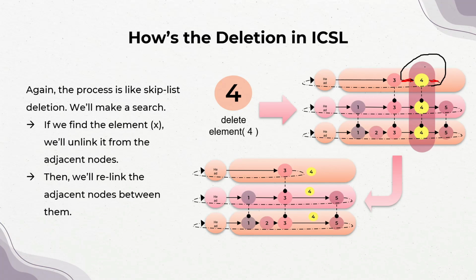We repeat the process for all the 4 elements we find in all the lists, until the list doesn't have any 4 element. And you can see the result here: the number 4 nodes are unlinked and the rest of the elements are linked.